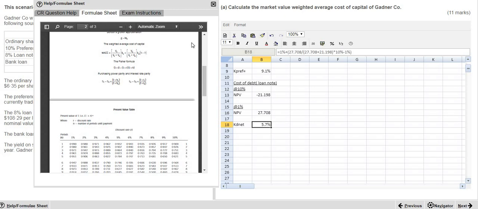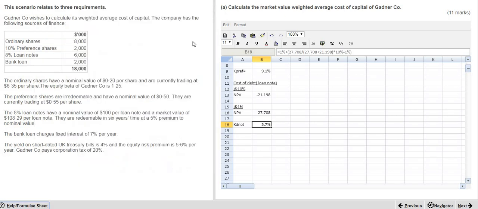The next one we'll be solving will be the bank loan. The bank loan is very straightforward. It's a fixed charge rate, so just interest rate I into 1 minus T. That's all. So that's pretty much straightforward. So cost of bank loan.